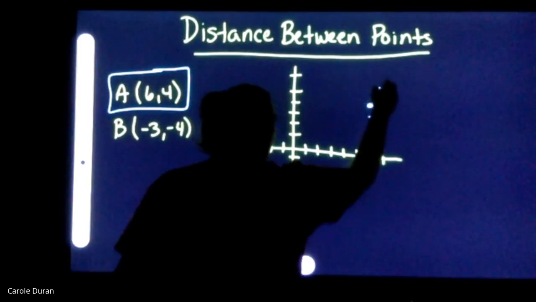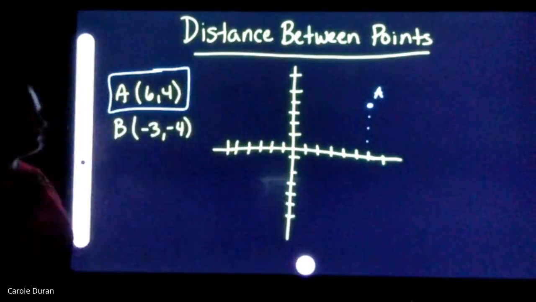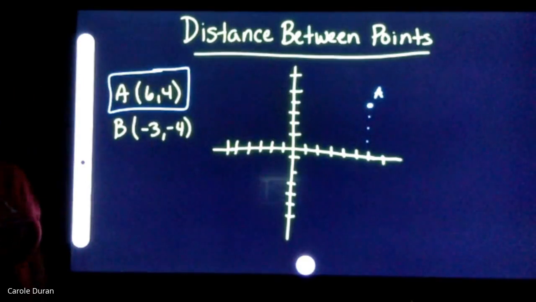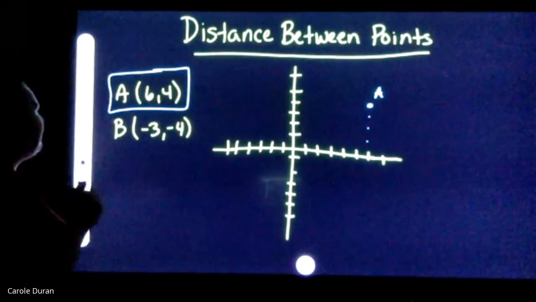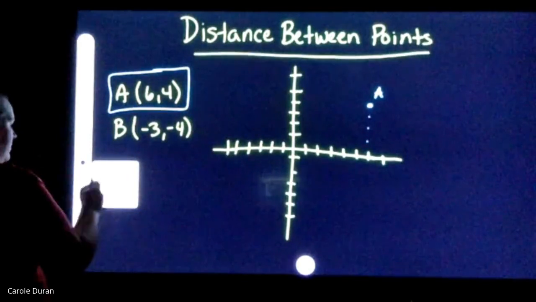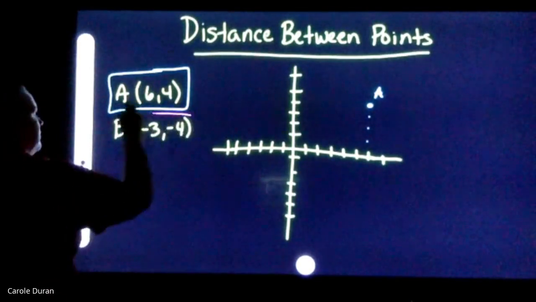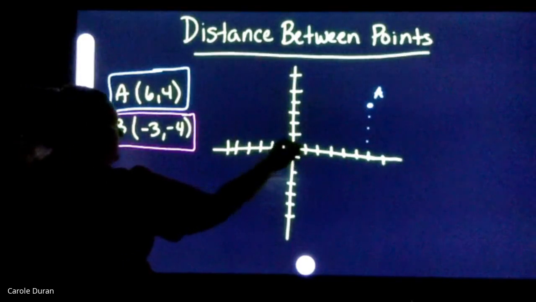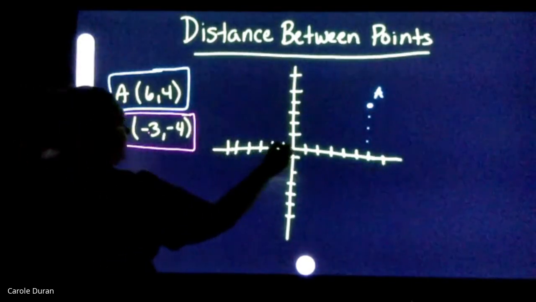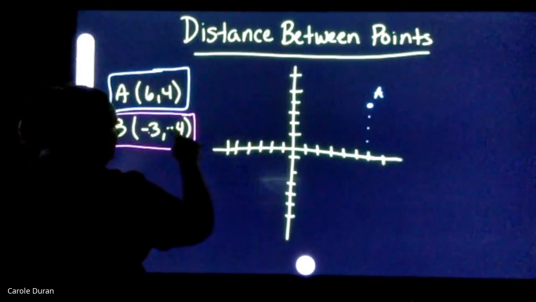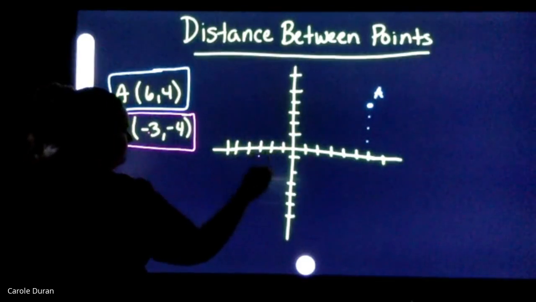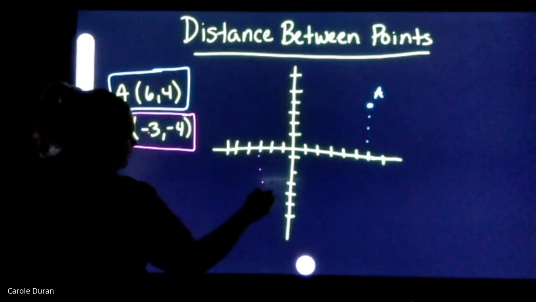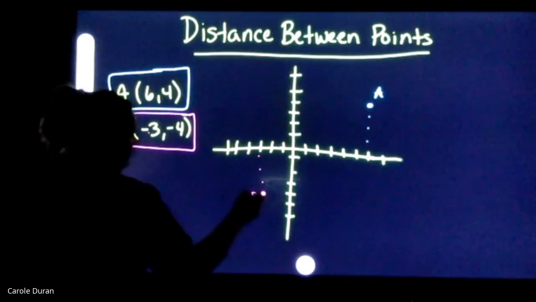And that's where I'm going to put point A. I'm going to do the same thing with point B. From (0, 0), it's -3, so I'm going to go left 3, and then I'm going to go down 4. And that's going to be point B.